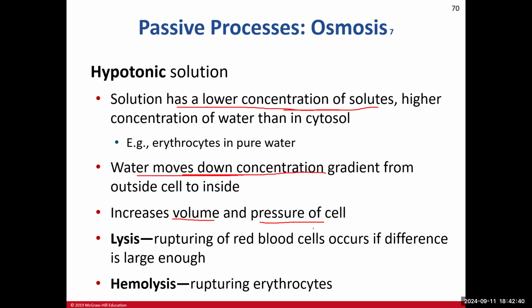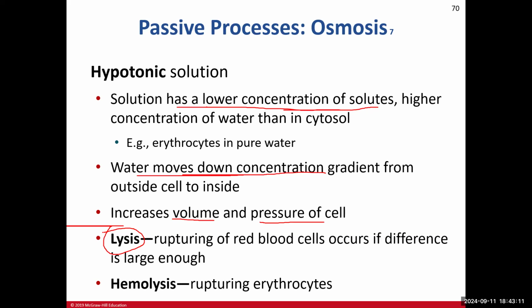So here's what's going to happen. Water keeps entering the cell. It keeps getting bigger. You keep inflating your water balloon with water, and it eventually will what? Pop. And we call that lysis. Right? Lysis is when you get the rupturing of a cell because the pressure inside that cell has gotten so great, right? And the difference in that water pressure and that osmotic pressure has become so great it causes the cell to burst.